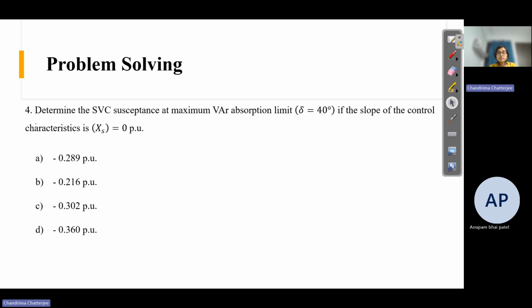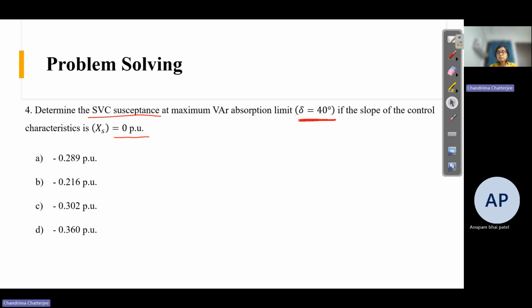Determine the SVC susceptance at maximum var absorption limit delta equal to 40 degree if the slope of the control characteristic is 0 per unit. So in the beginning of the question, it was mentioned that the limit of delta is 40 degree to 90 degree. So obviously the maximum absorption will be at delta equal to 40 degree.